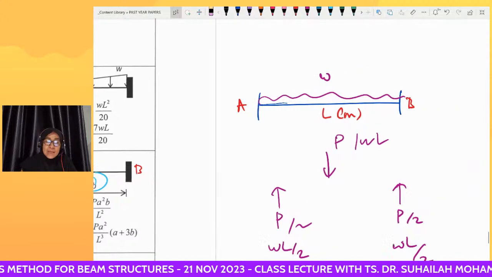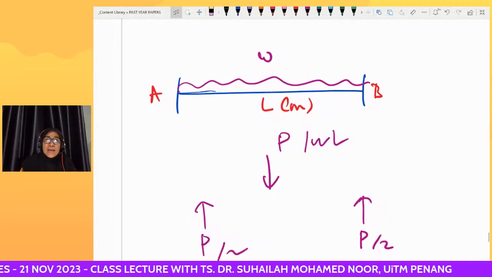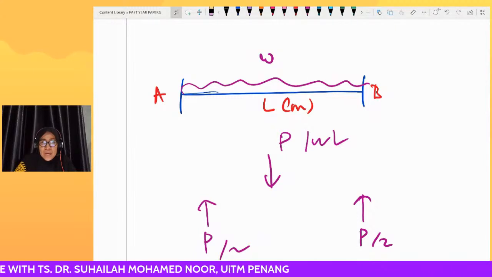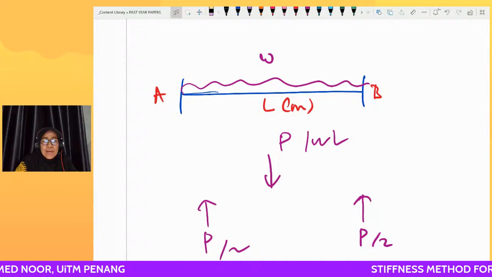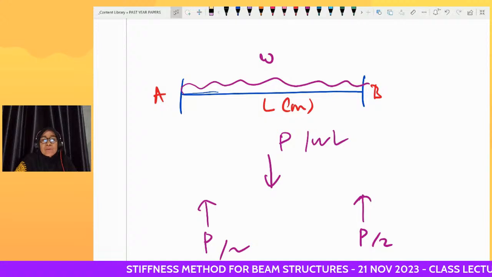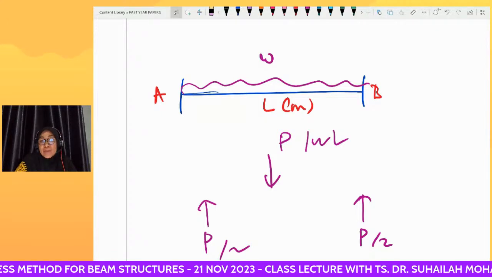It is not a sign convention that you can just assume. Unlike when we calculate reactions, we cannot assume that the moment is acting clockwise or counterclockwise, because fixed end moment is behavior.